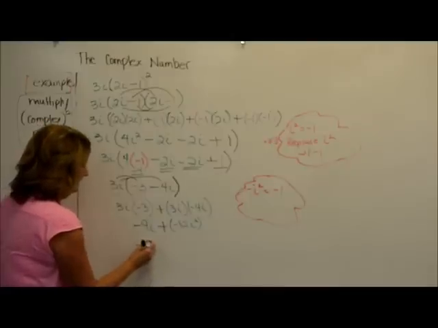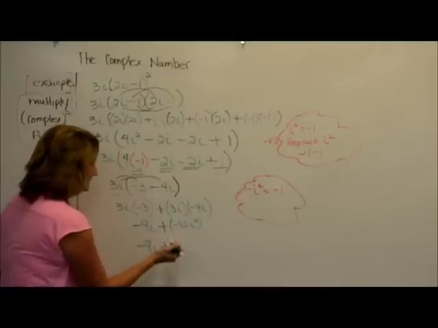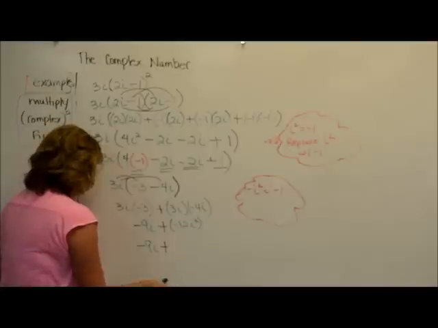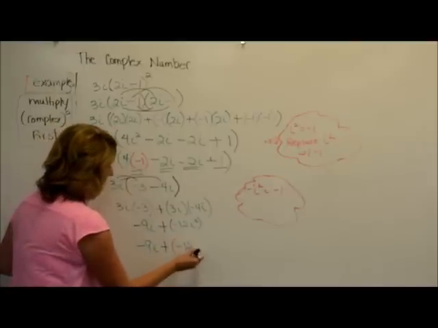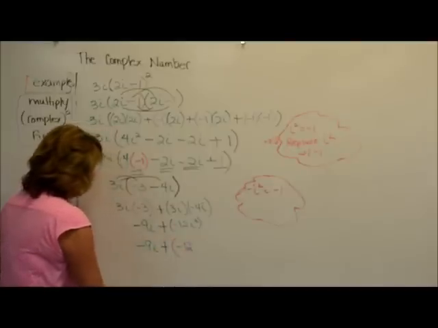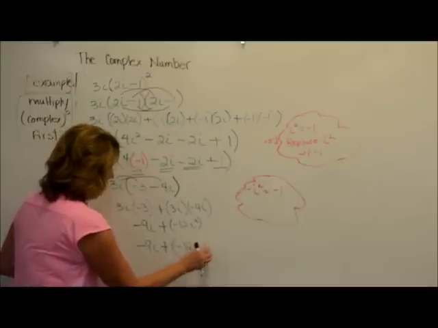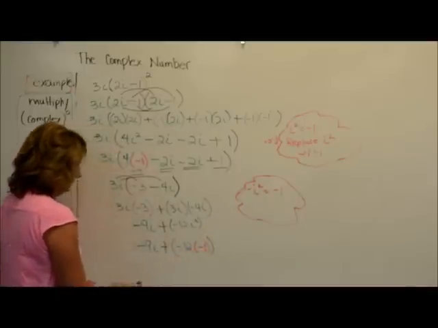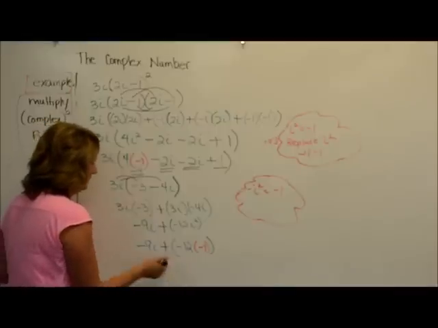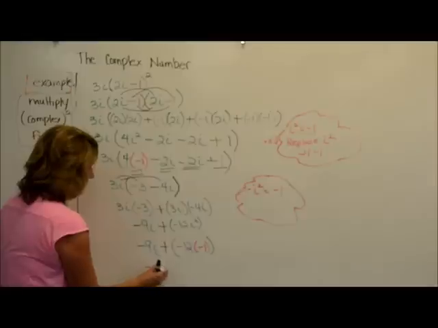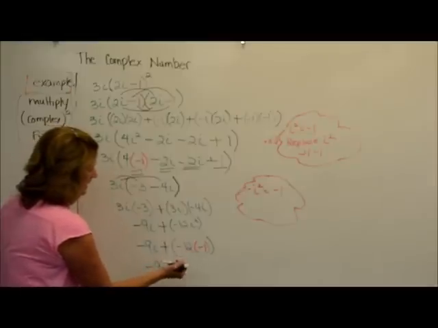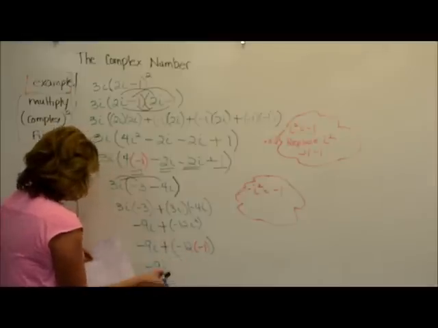What I end up with is negative 9i plus, it's going to turn real, negative 12 times my negative 1. Okay, so now we have a real number. In the end, I have negative 9i plus 12.